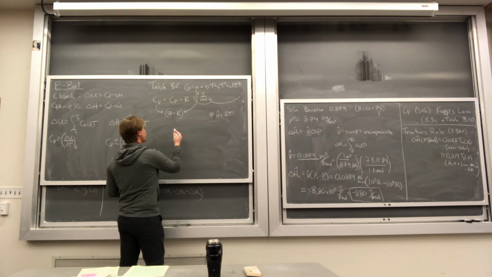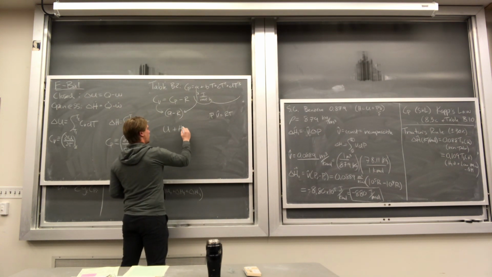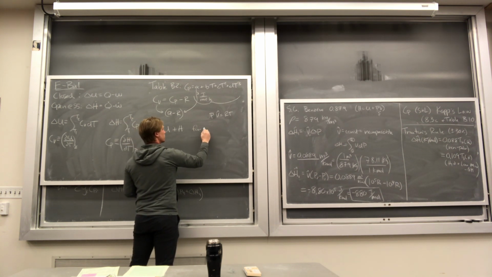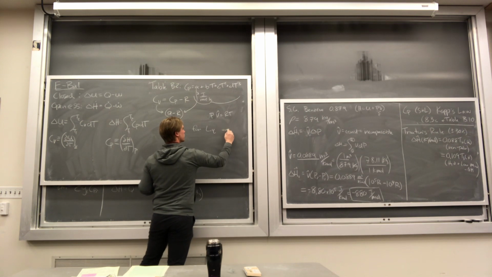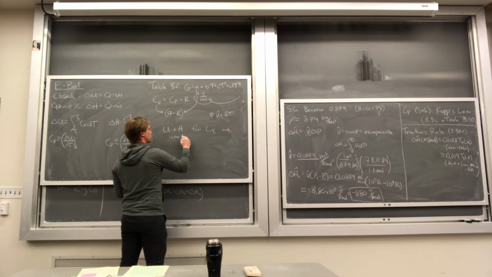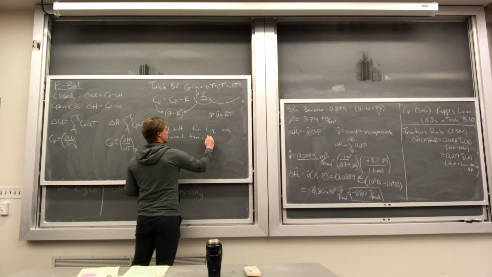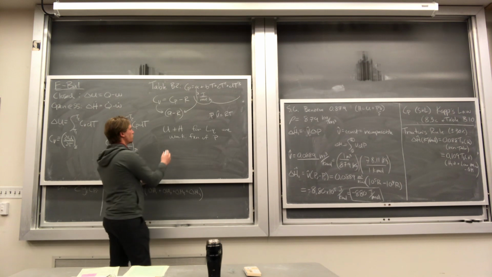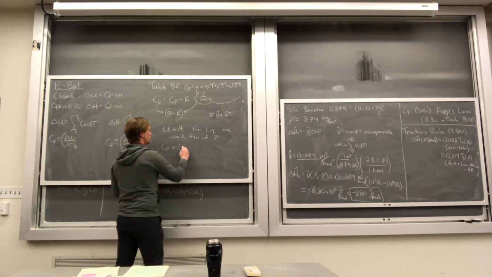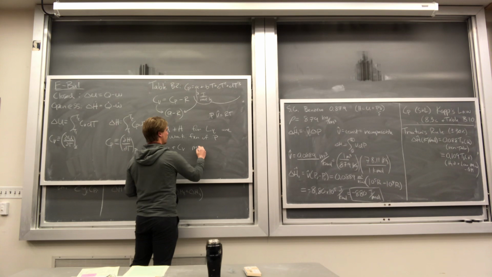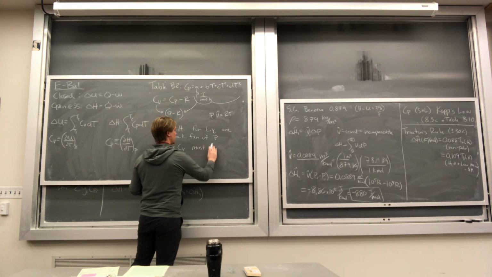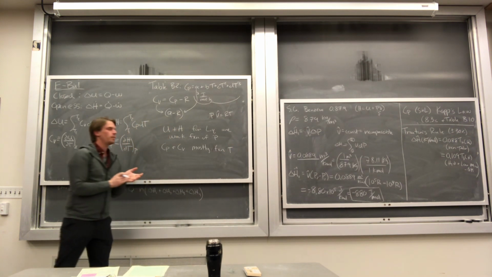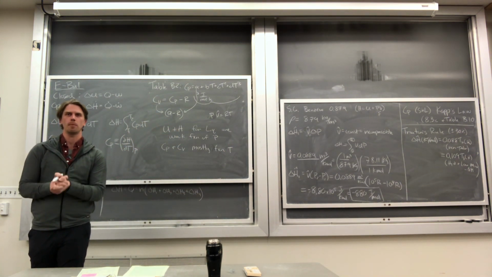Okay, so U and H are weak functions of pressure, specifically C sub P and C sub V. C sub P and C sub V are mostly a function of temperature.